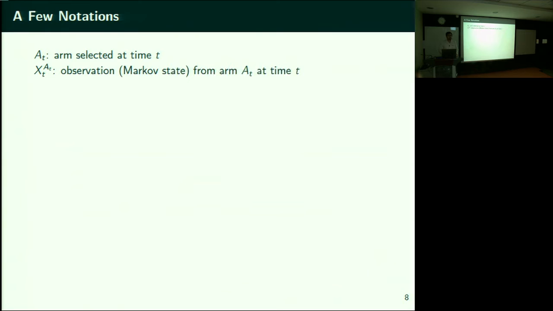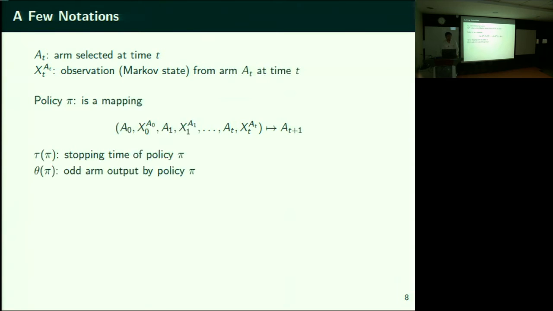Just a couple of quick notations. Denote that you select arm A_t at time t. This is the movie that you are going to observe at time t. What is the observation that you got by observing the movie A_t? That is X_t, A_t at time t. Now, you have looked at all the movies starting from time 0 until time t.